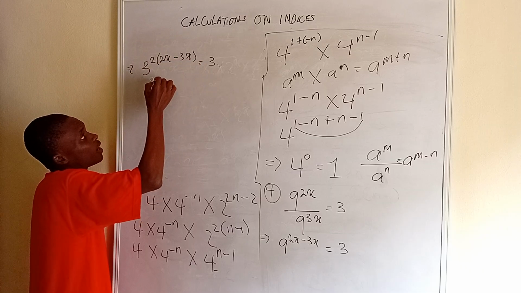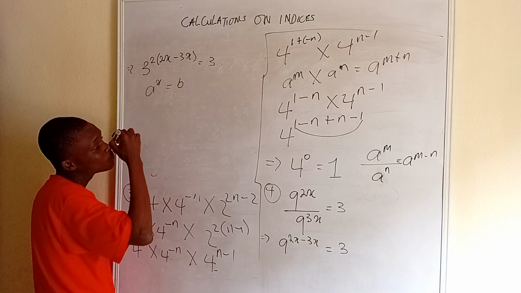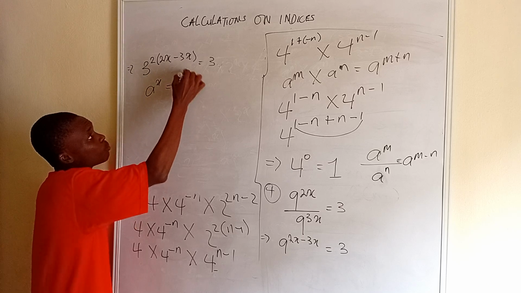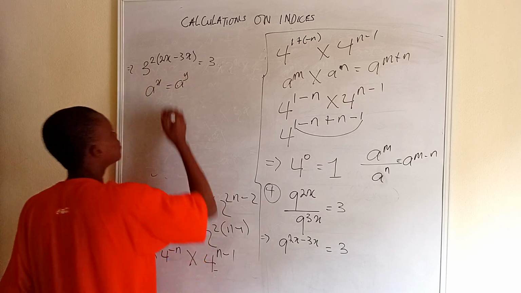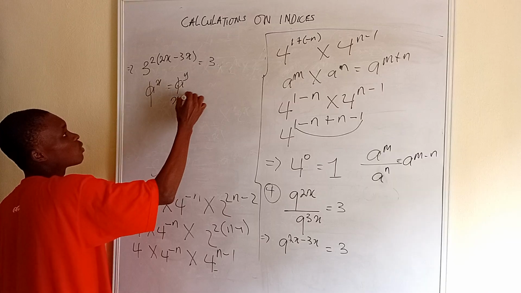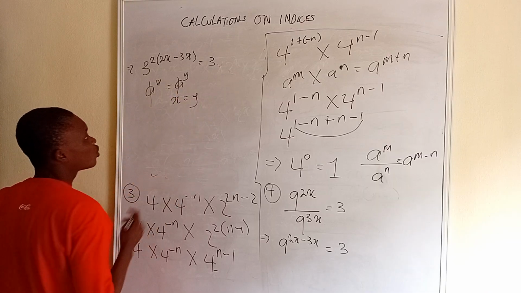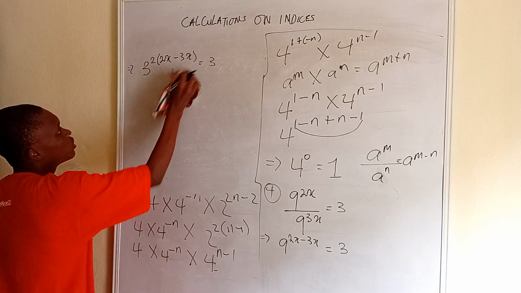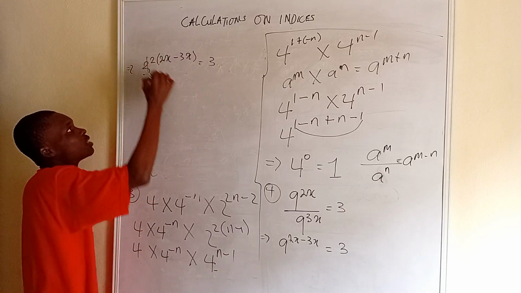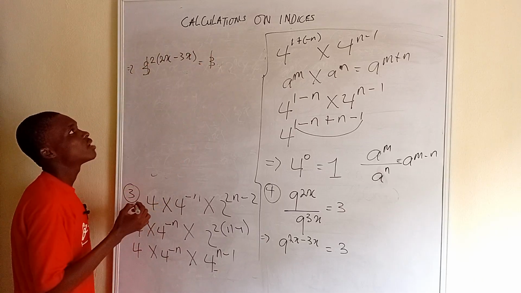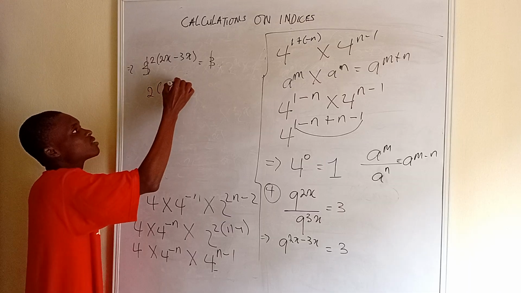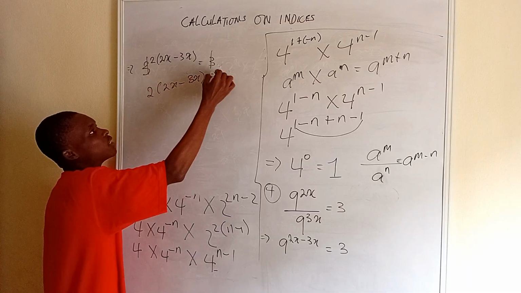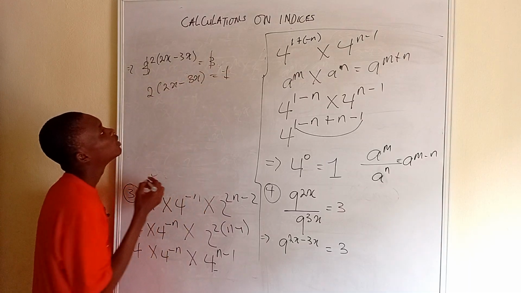You know that if a to the power x equals a to the power y, the bases cancel and x equals y. So this is the law we are using. So from here, the bases cancel out, and we have 2 into bracket 2x minus 3x equals 1.